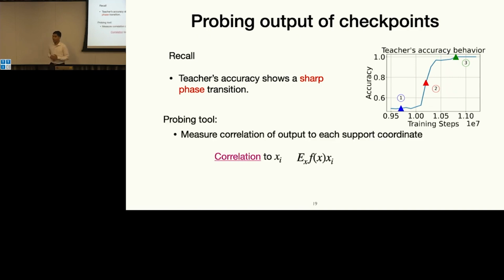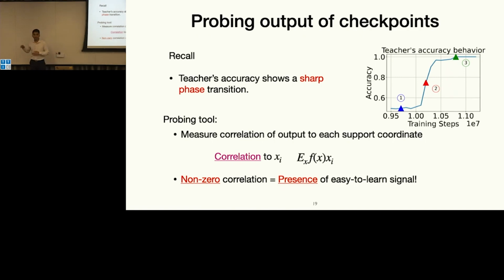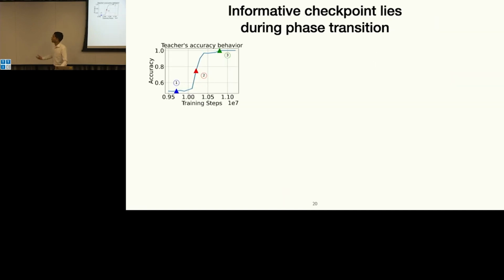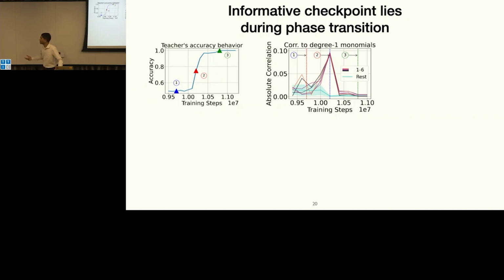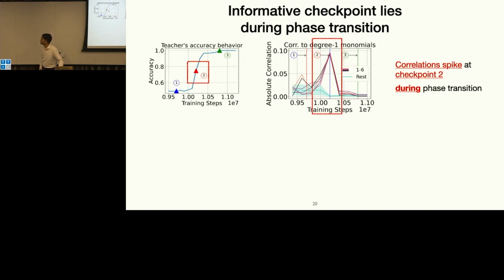The probing technique we use is a correlation metric that measures the correlation of the output to monomials on the support coordinates. The thing to remember about this metric is that if it becomes non-zero, that implies the presence of the easy to learn signal I described before. When the model shows the phase transition, the correlation metric spikes, and this is in checkpoint 2.